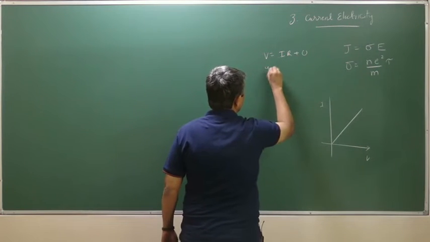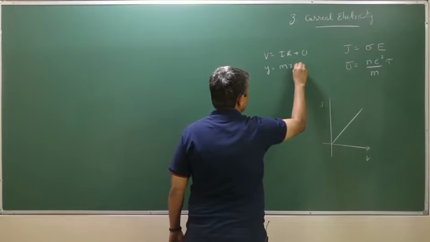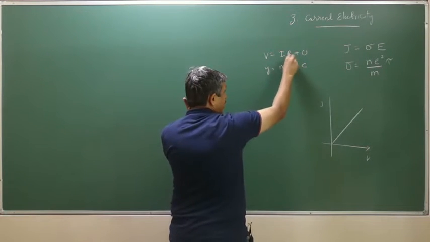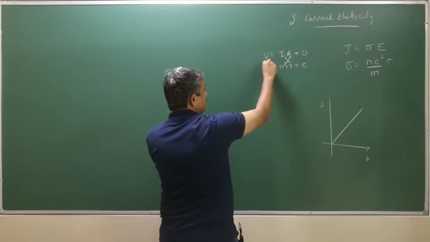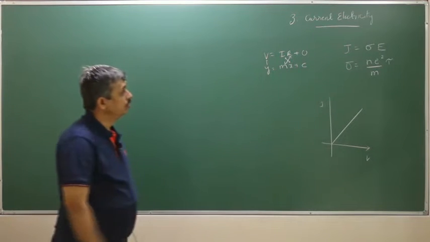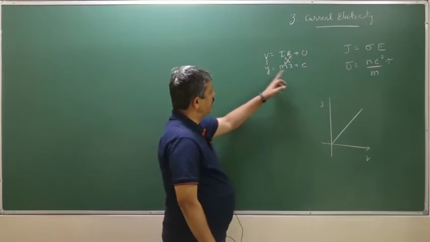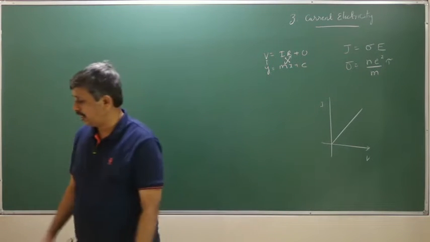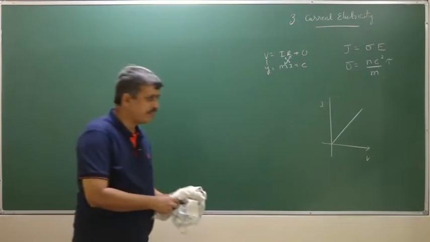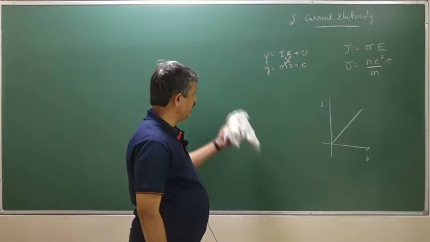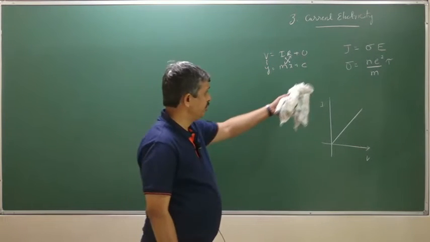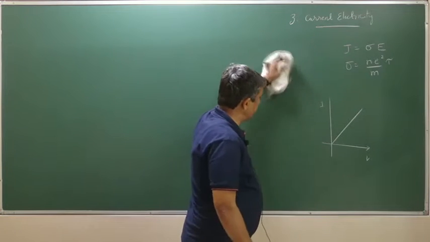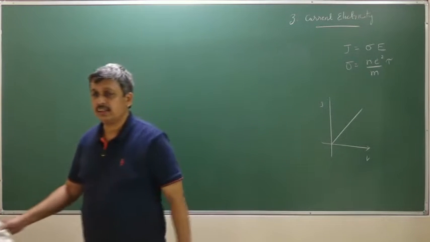So it's like y is equal to mx plus c, where c is 0 and m is nothing but R, and x is this I and y is this V. So we are plotting between y and x, like V and I here. So it is something that is passing through the origin, and you have to have a straight line.